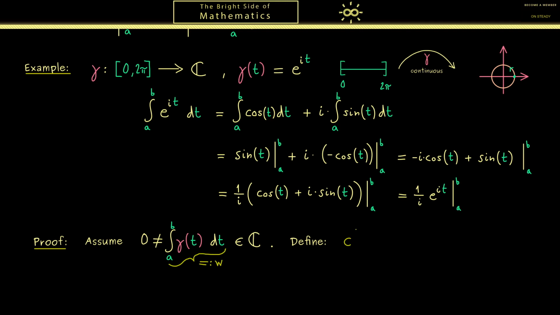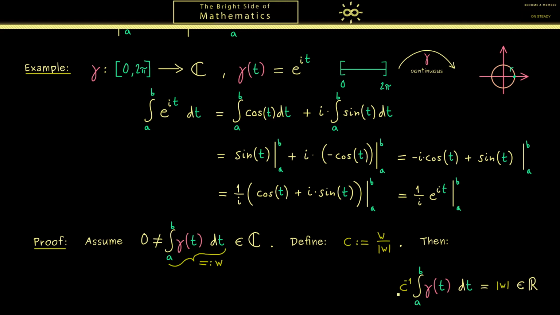And now we are able to normalize this number, and we can define c as w divided by the absolute value of w. Then we are able to multiply c inverse with the integral and get a real number, simply because this is then the absolute value of w, so on the real number line.